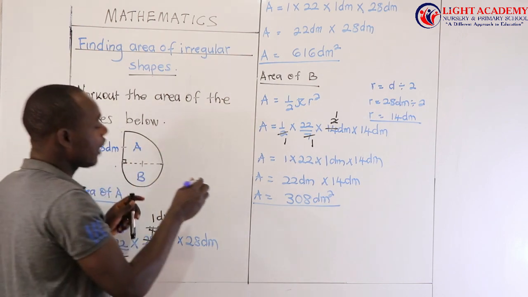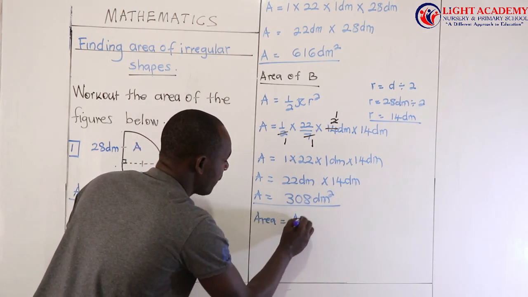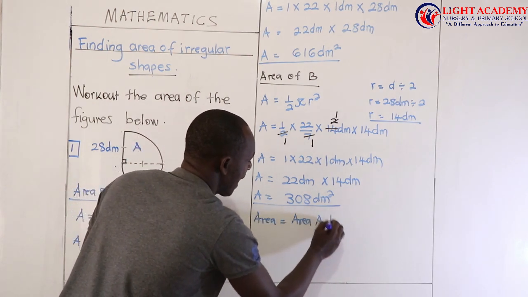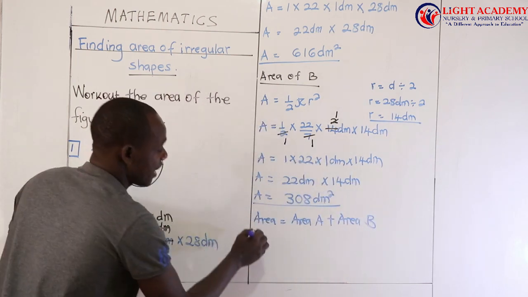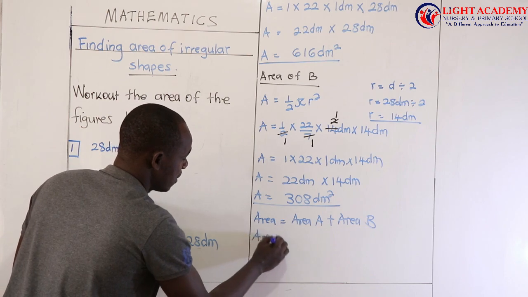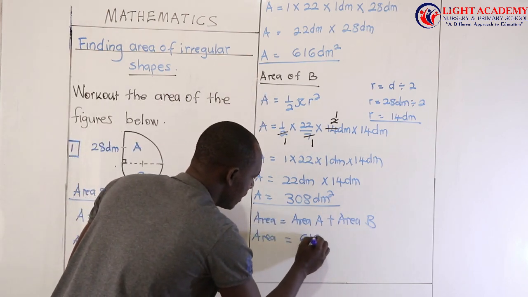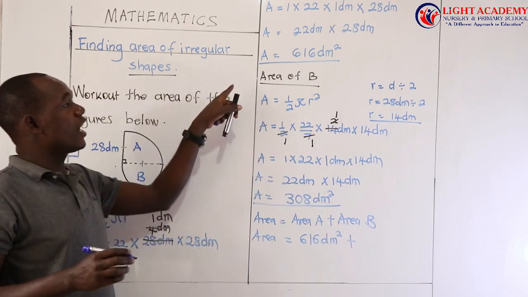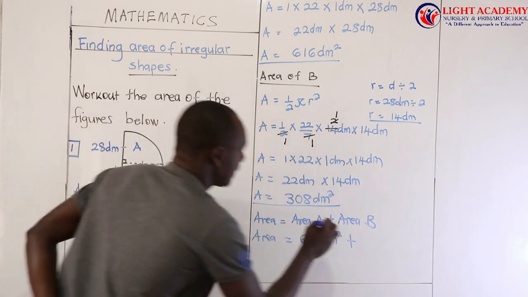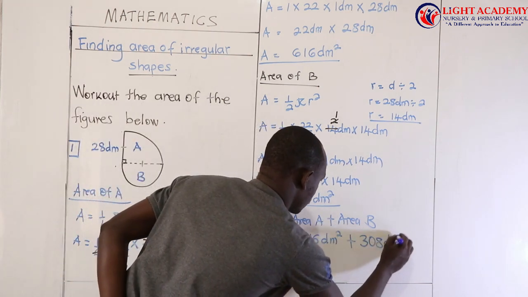To work out the area, I will now say it is equal to the area of part A plus the area of part B. And your area now will be equal to part A, the area is 616 decimeters squared, plus the area of the lower part, which is 308 decimeters squared.